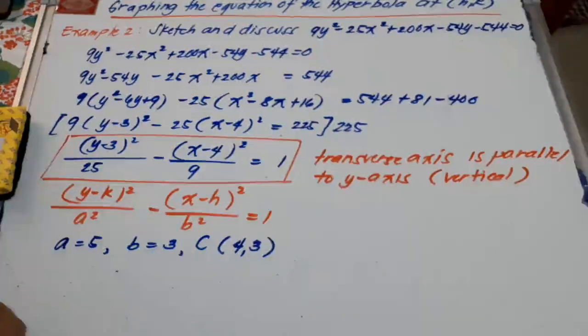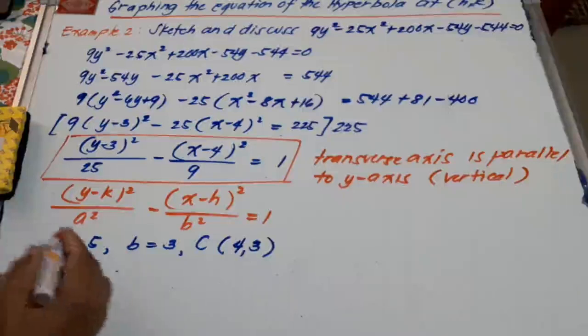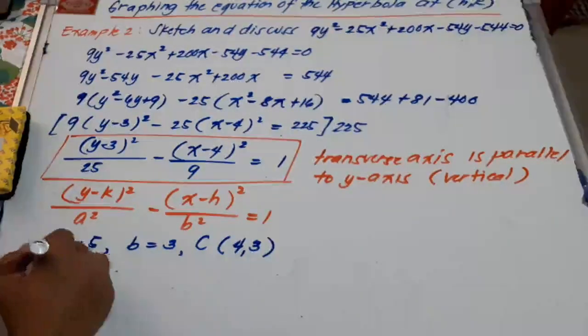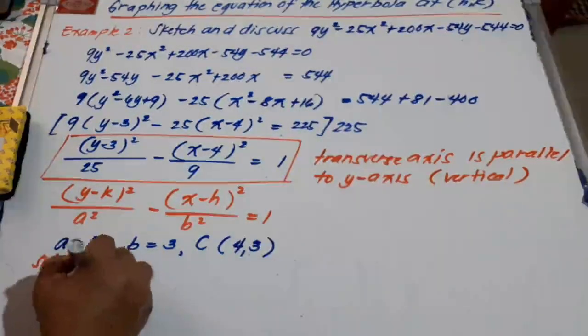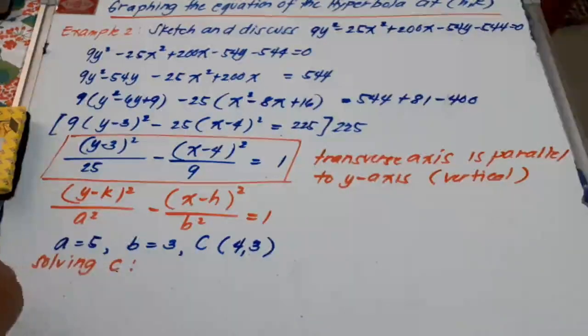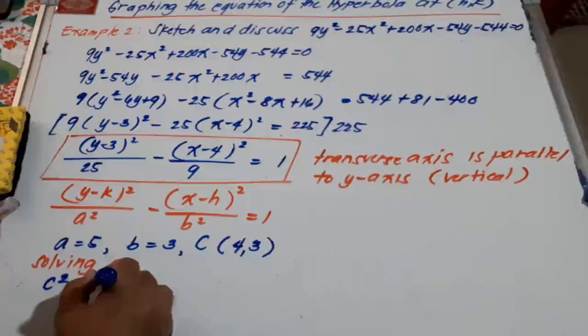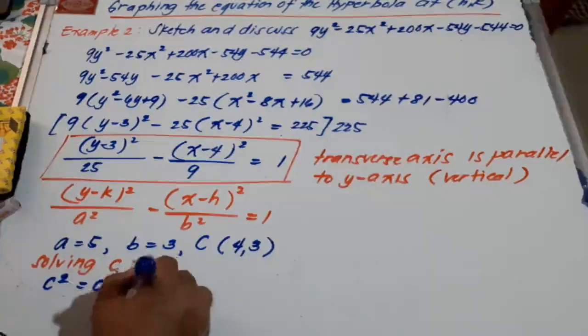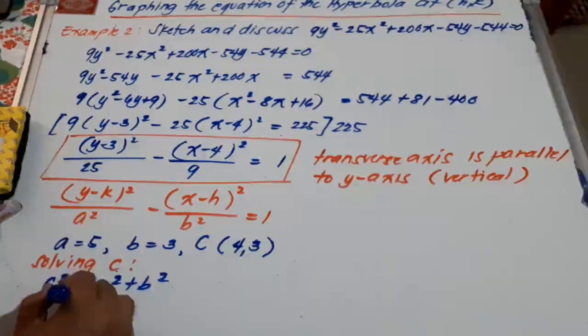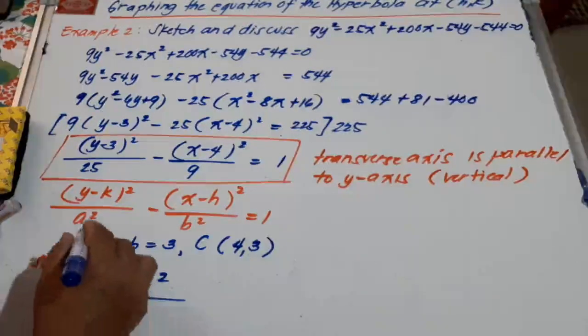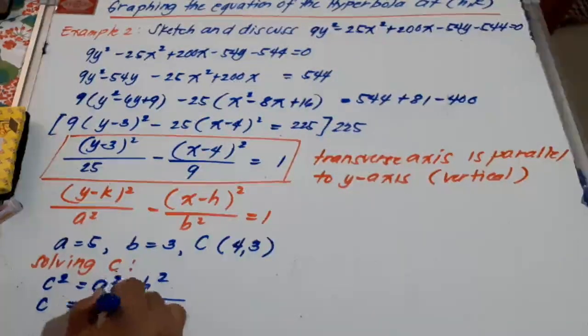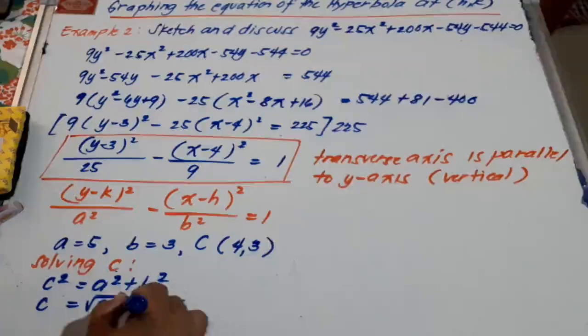Solving c. Para masolve si c, we're going to use the relation c squared equals a squared plus b squared. So we have c equals the square root of 5 squared is 25 and 3 squared is 9.